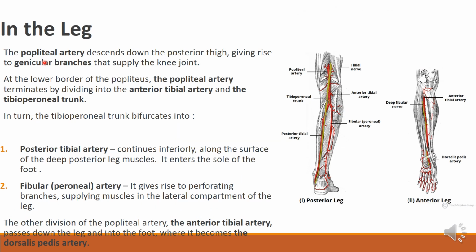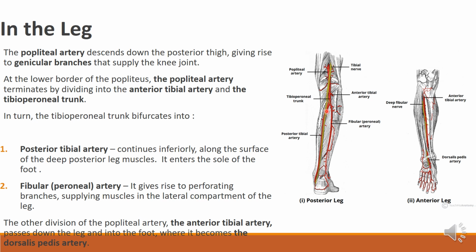Coming to the arteries of the leg. The popliteal artery descends posterior to the knee and gives rise to genicular branches that supply the knee joint. Then, at the lower border of the popliteus muscle, it divides into anterior tibial and posterior tibial.